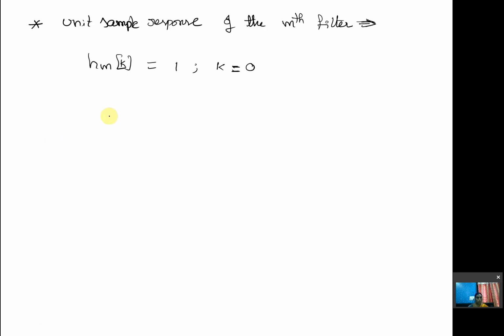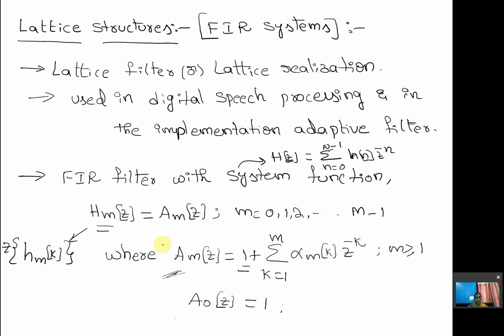Now coming to the next one. hm of k is equal to alpha m of k when k = 1, 2 and so on up to m. Am I correct? So this hm of k is nothing but this one.